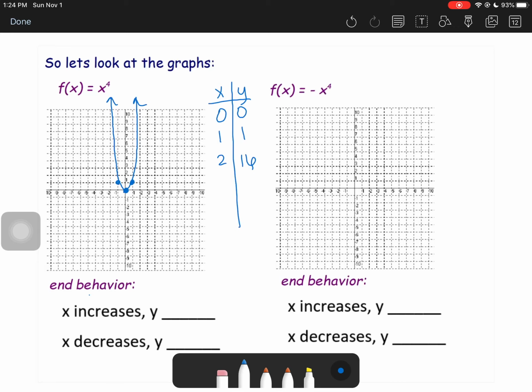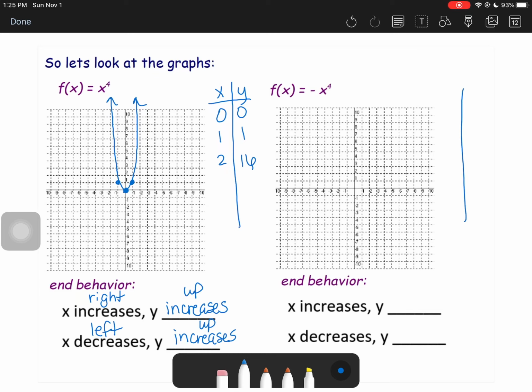As x increases, or goes to the right, our y also increases, which is going up. And as our x decreases, or going to the left, our y also increases, which is going up.